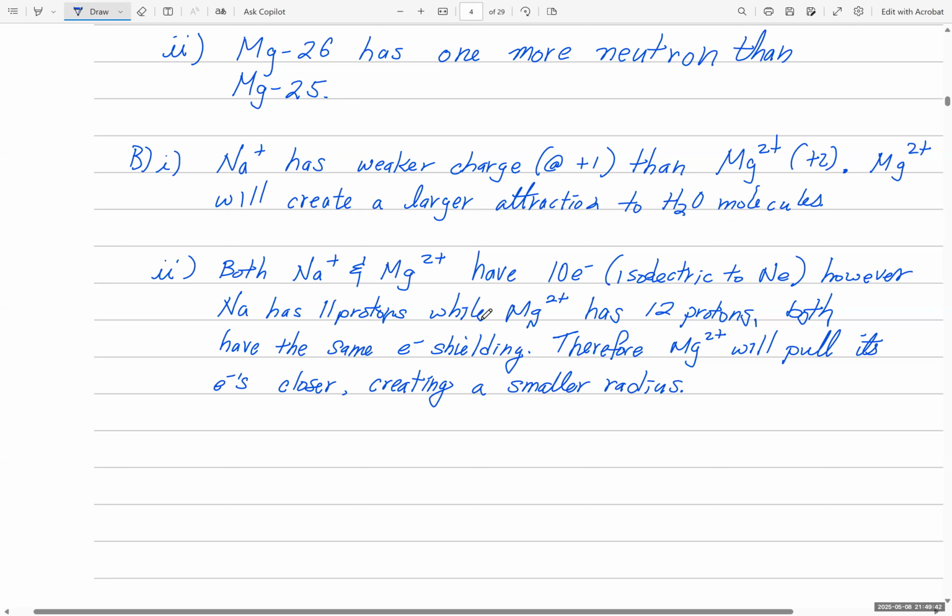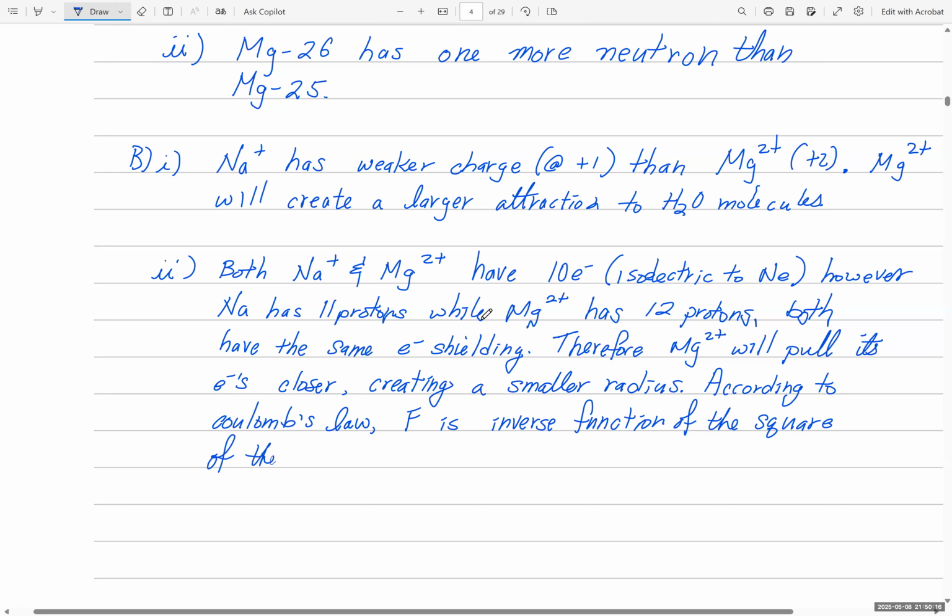And then what we know is that according to Coulomb's law, force is an inverse function of the square of the radius.